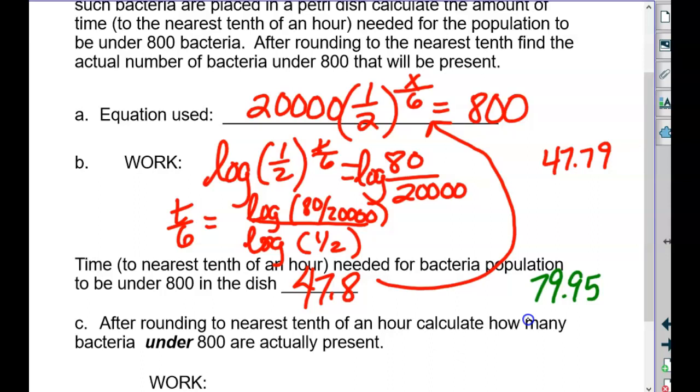I bet that's right. 20,000 times 1/2 to the 47.8 divided by 6. Okay. What? Should be 27. How did you? The way I typed it in. Oh, I keep typing 80. That's because I wrote 80 right here. Oh my goodness. No wonder.